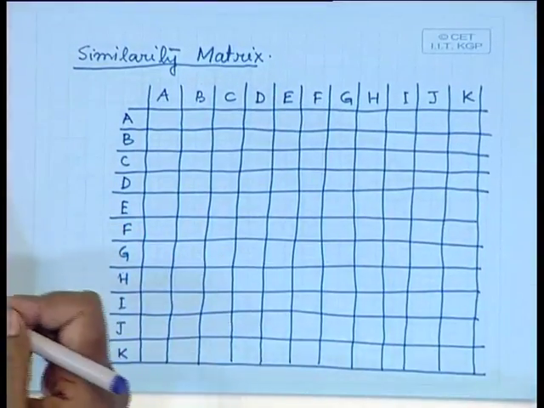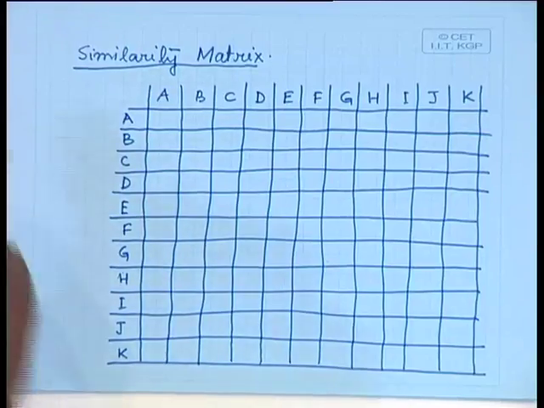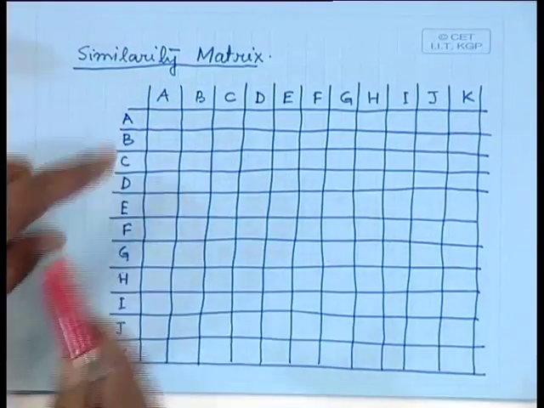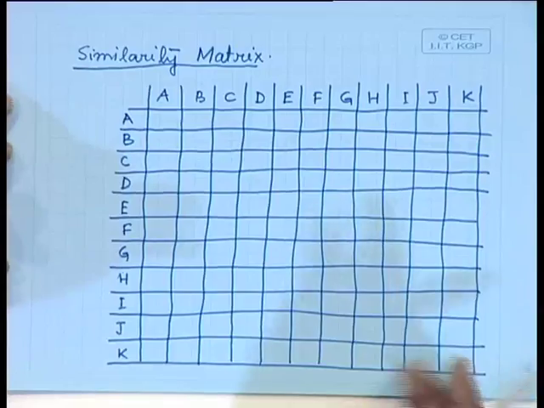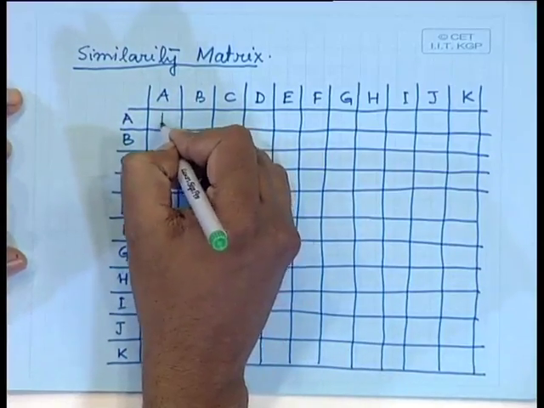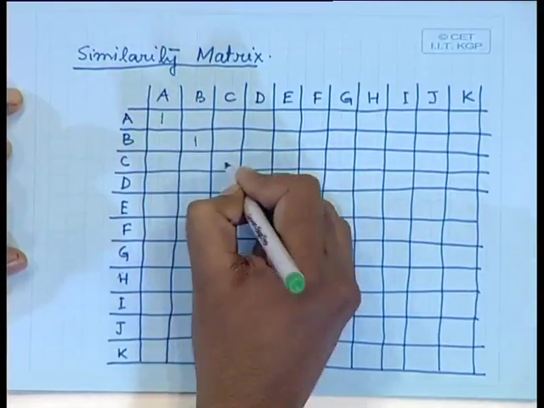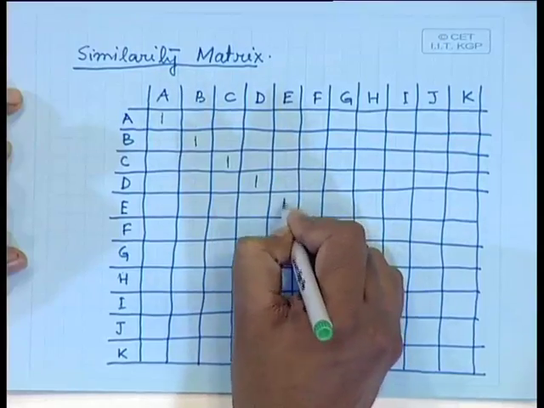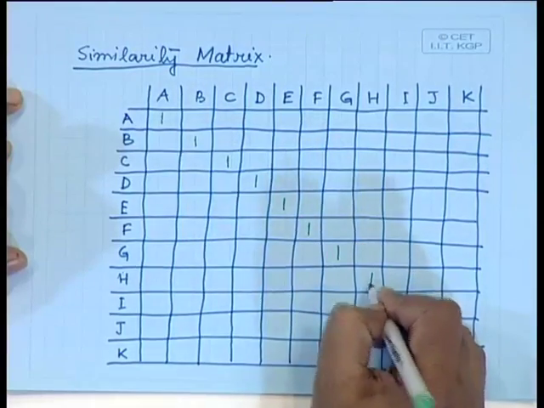So, as before, when I take this pair A, obviously the distance is 0. So, by default the corresponding elements in the similarity matrix will be equal to 1, because here the distance value is 0, obviously it is less than or equal to the threshold.